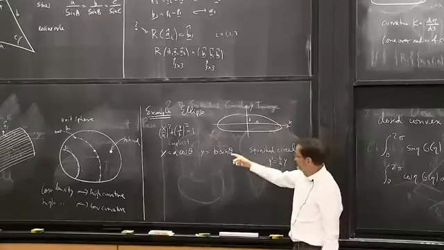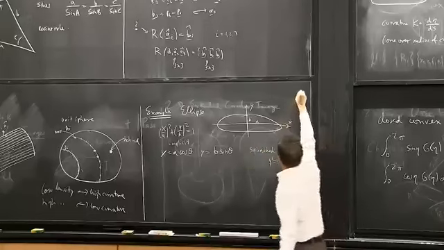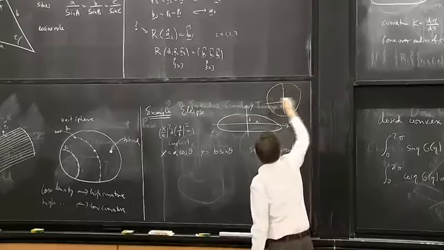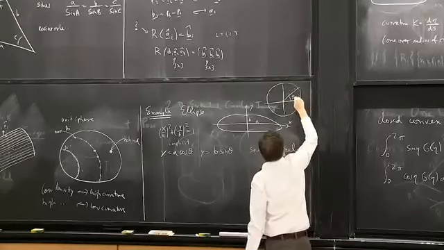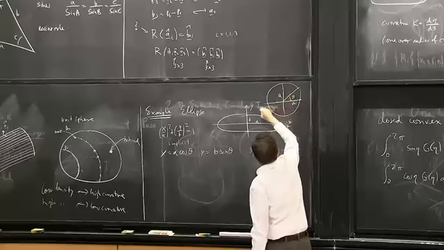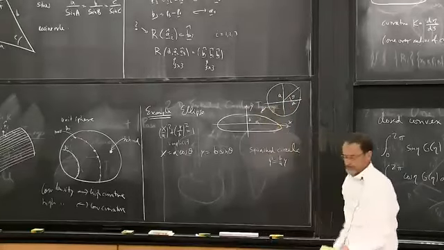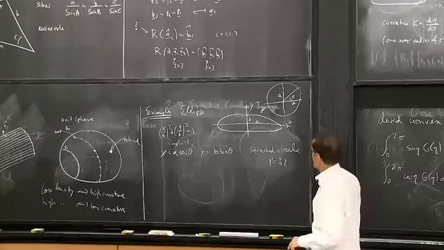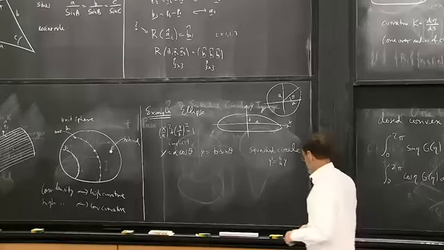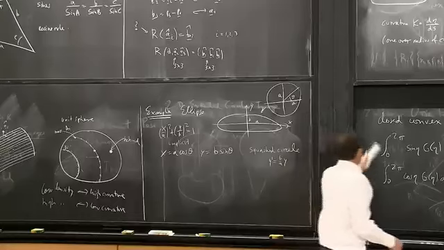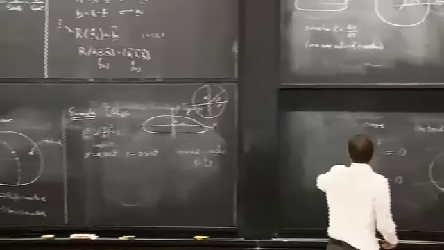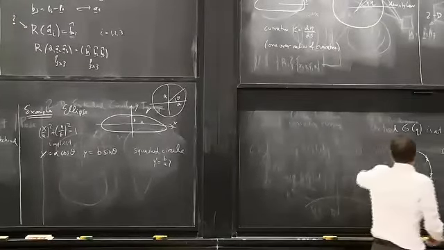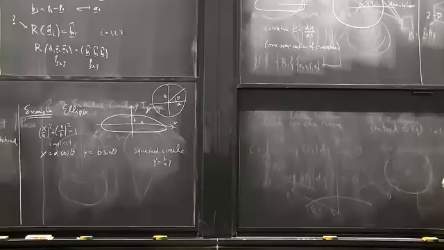And that theta is the angle in the original circle. So there was some original circle, and we somehow squashed it to produce that. So the theta is not an angle in that diagram. It's an angle in the diagram of the non-squashed version. Okay, but you can see that if you take x over a squared and y over b squared, you'll get 1.